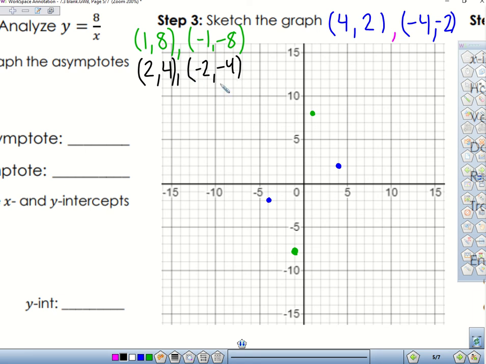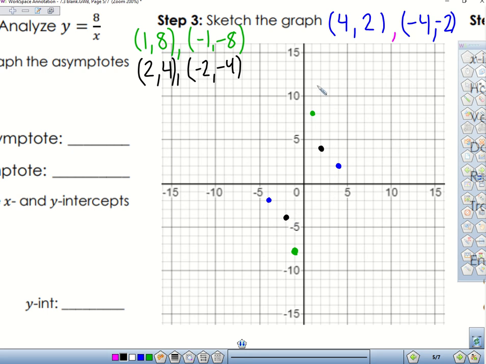And if you don't like coming up with it offhand, you can plug it in and actually see for yourself. So that's going to be 2, 4. You can plug in -2 for yourself: 8 divided by -2 is -4, right? So you could just find any points.